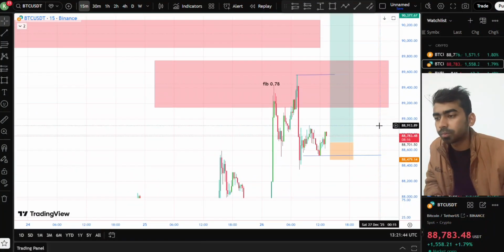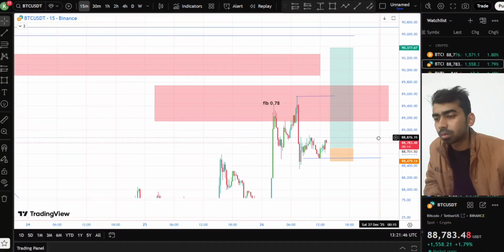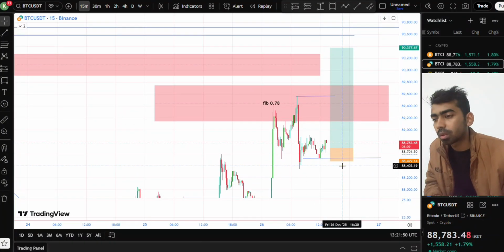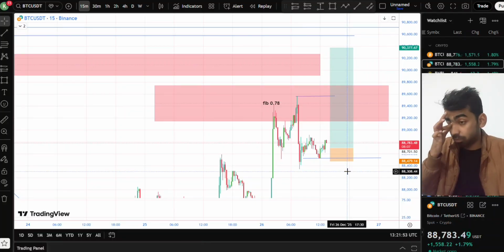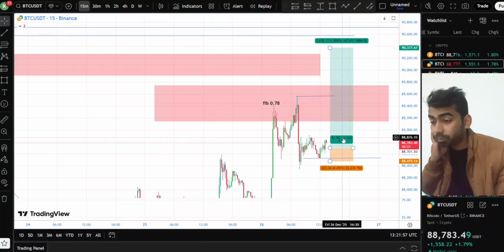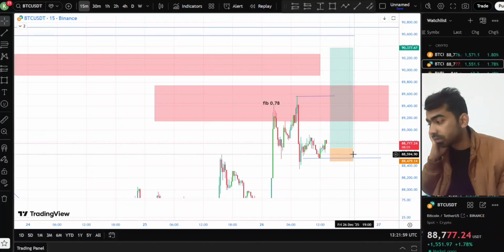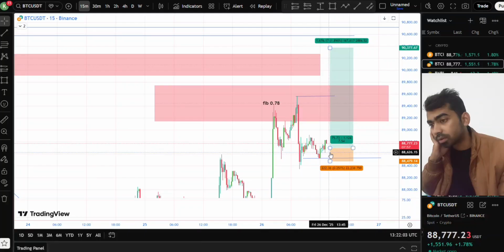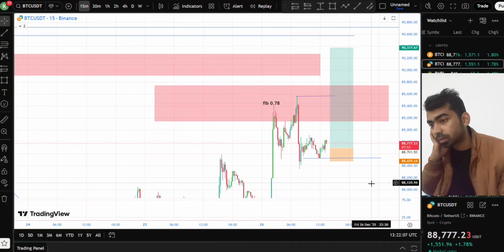Now BTC is trying to reverse, but I don't think so. Wait for a few minutes. If it is going upside, it will be good for us, and if it is going downside, I will close my trade here.